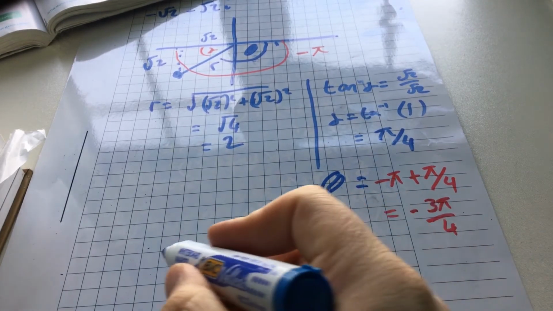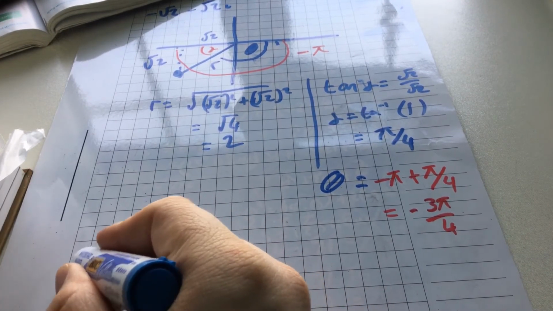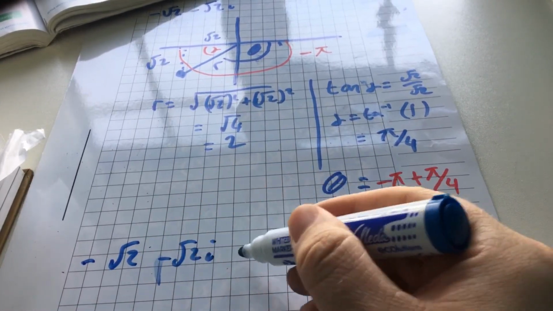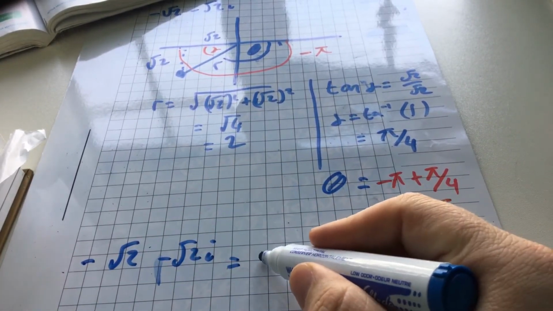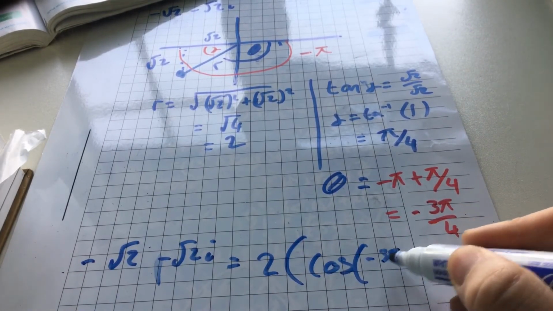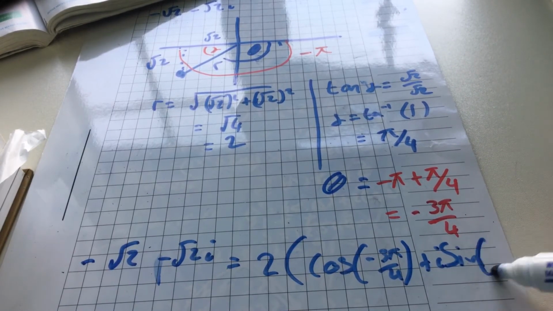So minus root 2 minus root 2i is r, which is 2, cosine of the argument, minus 3 pi over 4, plus i sine of the argument, minus 3 pi over 4.